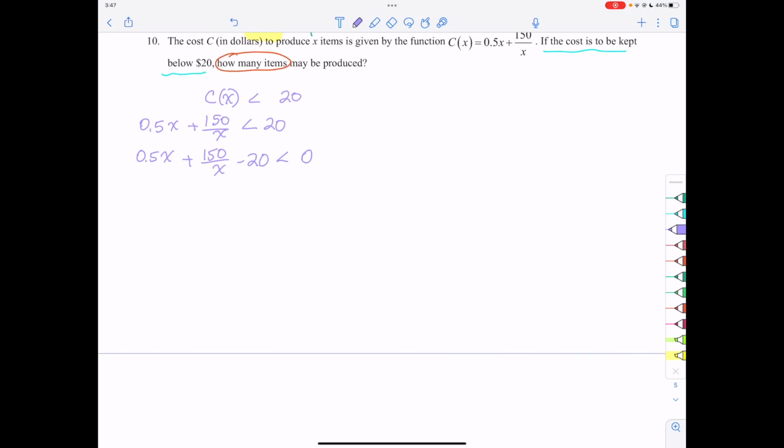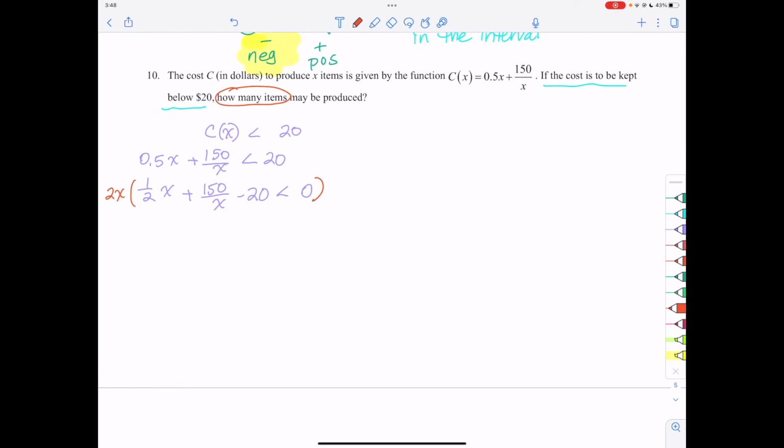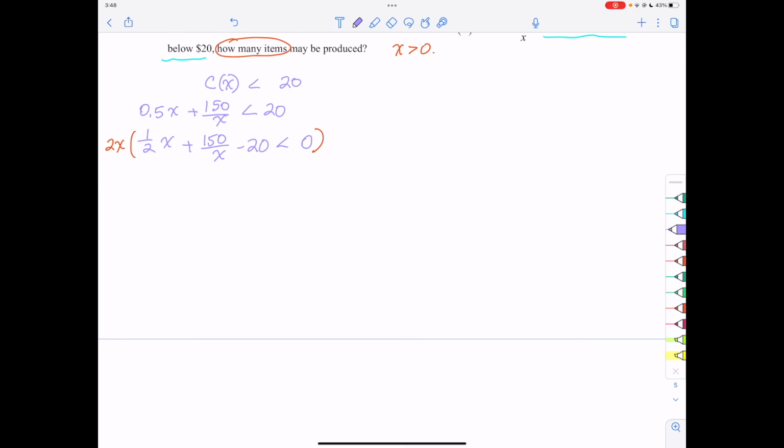And now why don't we rewrite 0.5x as 1/2 x, and now we could multiply every term by 2x. And x is going to be positive, so we will not need to reverse our inequality. So we can have x squared plus 300 minus 40x is less than 0.